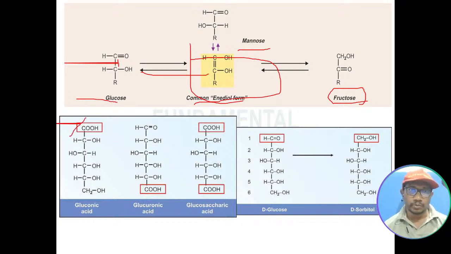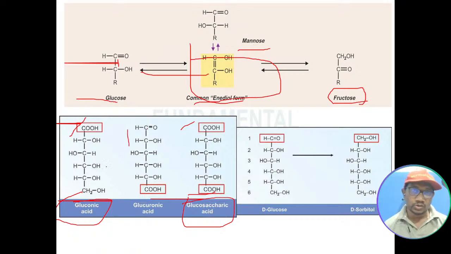So when glucose is oxidized, if the aldehyde group is oxidized, you will get gluconic acid, meaning reaction with bromine gives gluconic acid. If glucose is oxidized with nitric acid, then both the aldehyde group and the terminal alcohol group are oxidized, which leads to glucosaccharic acid.